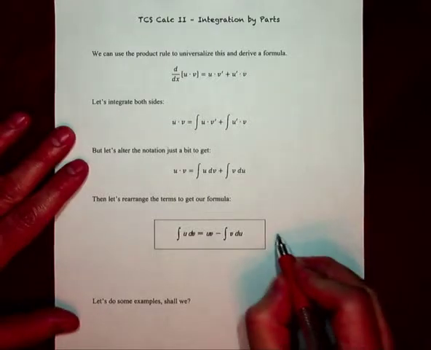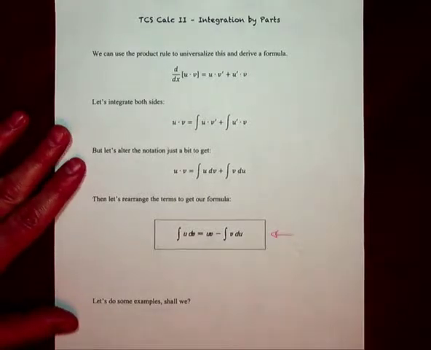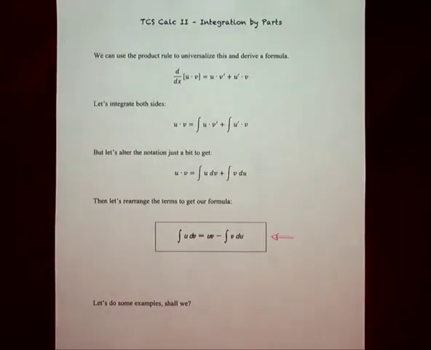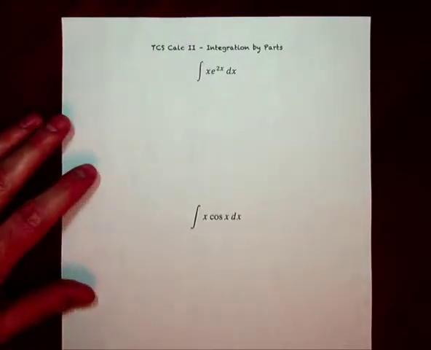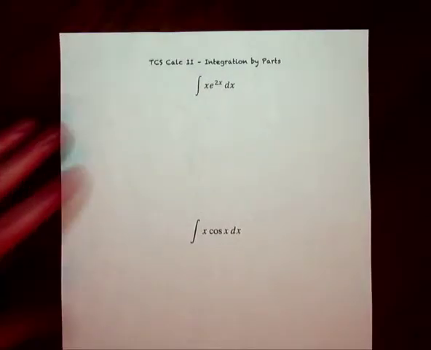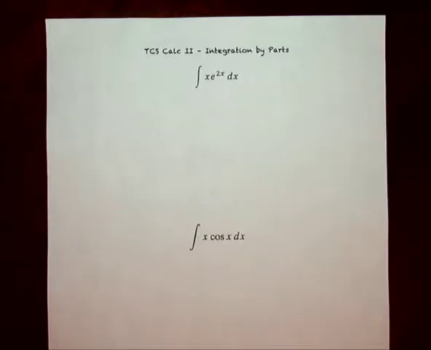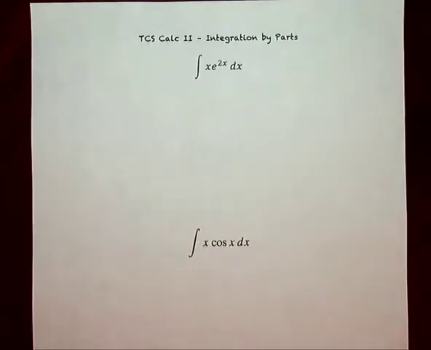Okay? And that basically is what we're going to be doing. We're going to be using this right here in order to sort of break integrals apart and basically figure out how to find an equivalent expression that I can integrate. Okay, well, all of that is wonderful, but what we need to do now is we need to actually attend to specific examples. So let's go ahead and let's look at this one.